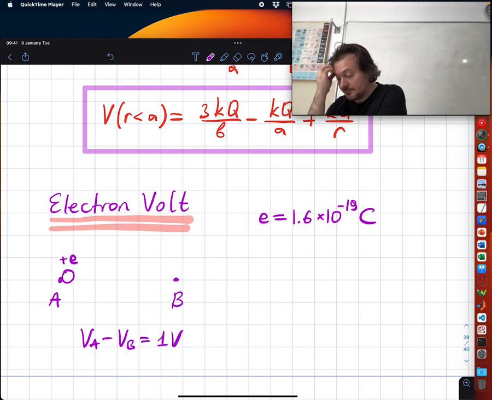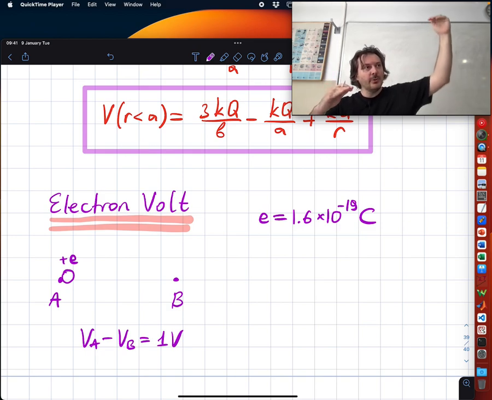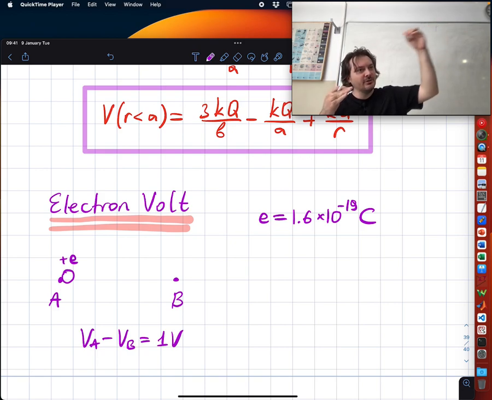You can think of voltage as height for the positive charge. Whenever voltage is higher, it's like a ball being on a higher hill. So if you let it go, it will go down to the lower potential.